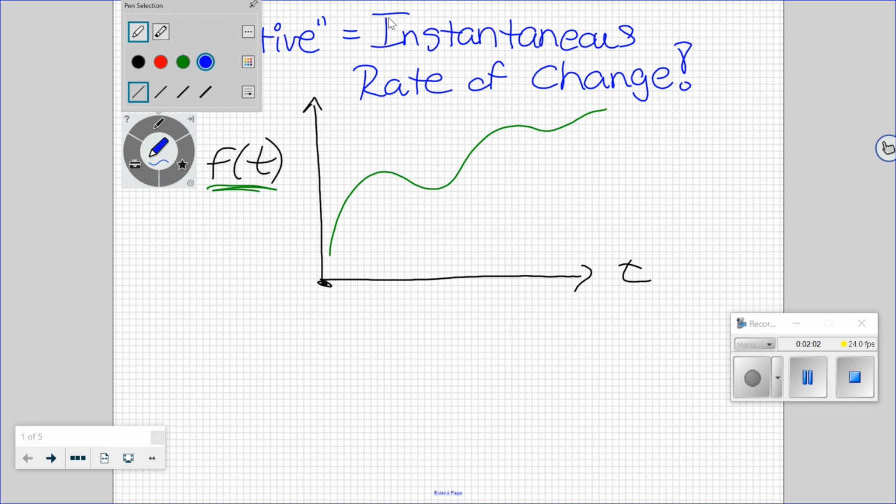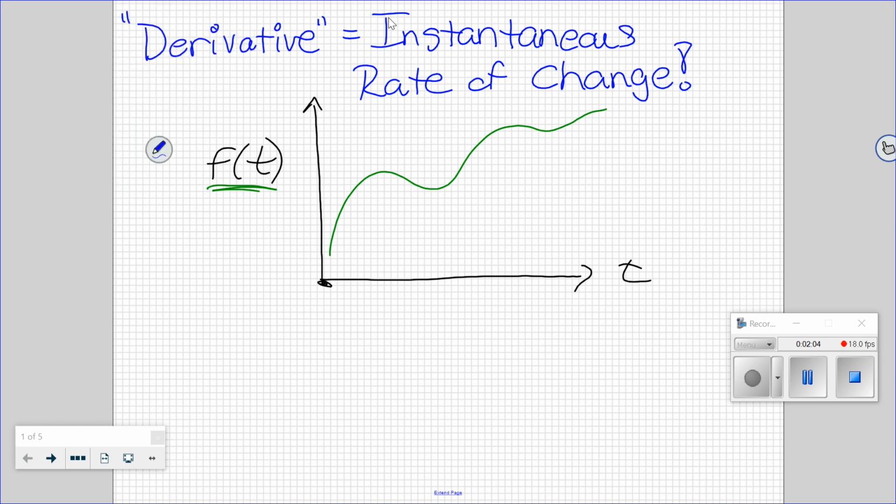Okay, for its rate of change at this point, I can actually take a ruler and kind of draw it, or even without a ruler. It's the slope of the line at that point. But if I've got some weird function, how am I going to mathematically solve that?